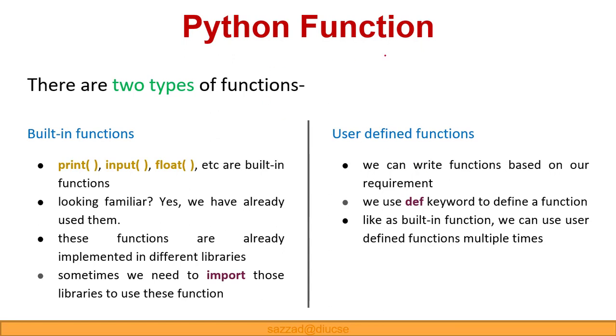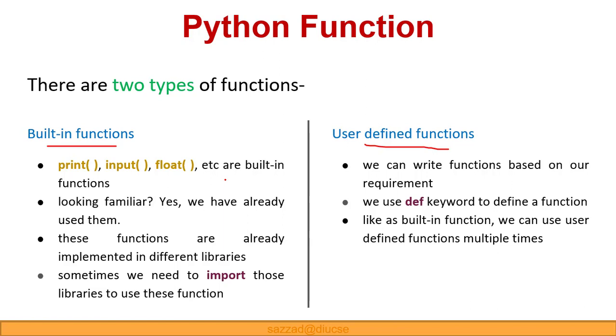So there are two types of functions, not only in Python but in all other languages as well. We all know them: built-in functions and user-defined functions. What are built-in functions? In all languages there are a number of built-in functions available to make coding easier. Like in Python there are print, input, float and so on.